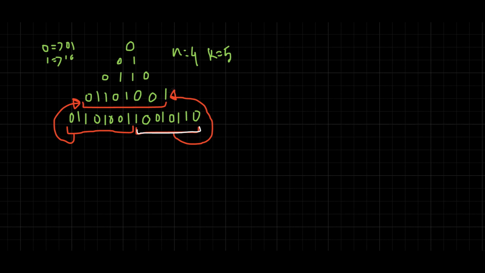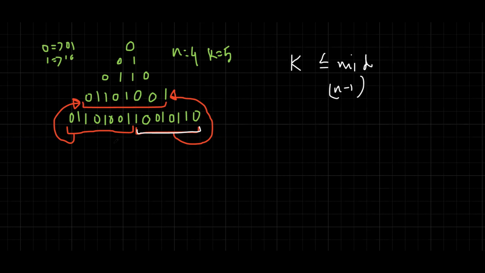Did you find the pattern here? The pattern is: if the value of k is less than or equal to the mid position, then the value is exactly equal to the previous row. Let's try to understand this condition first.